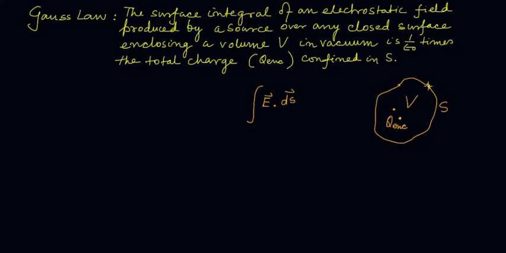This is the ds vector, and suppose the electrostatic field at this point is like this, E. You can also take a surface here and the electrostatic field might be like this. It doesn't matter at all, right? We should take a dot product. So this is the surface integral over the closed surface S.